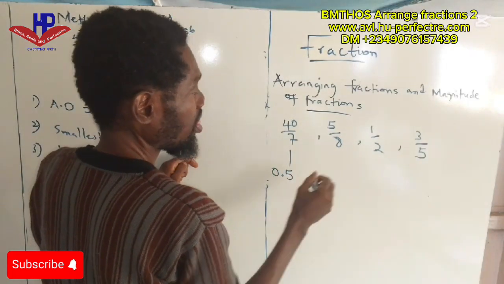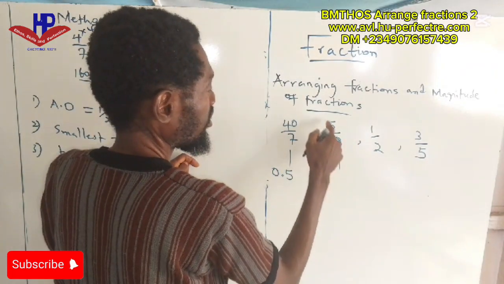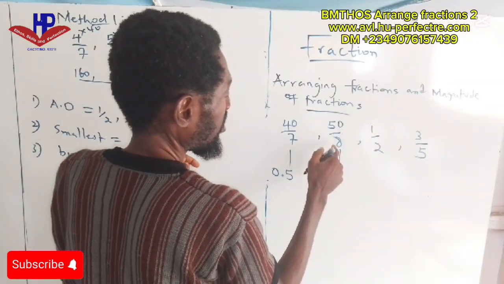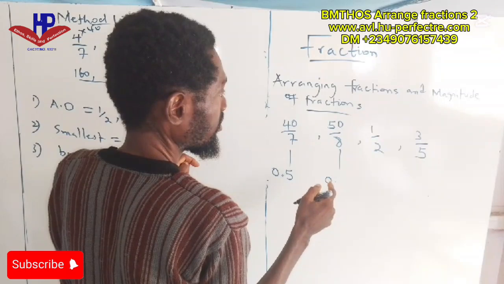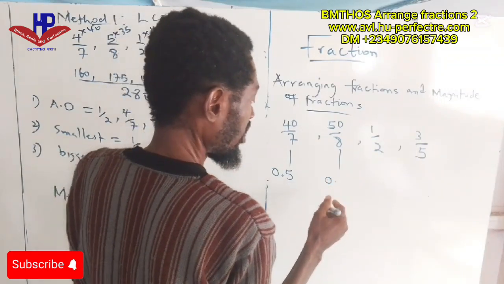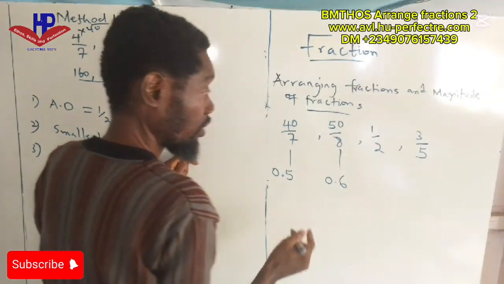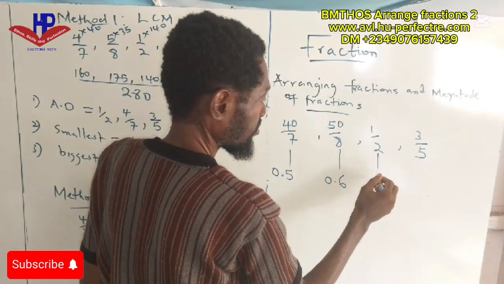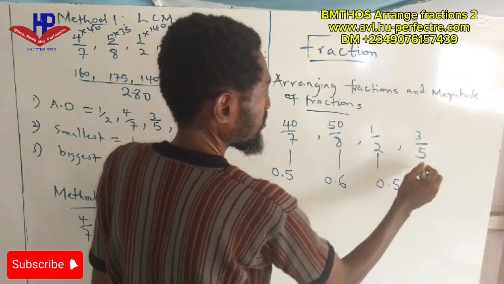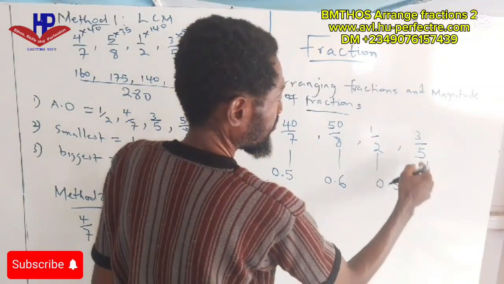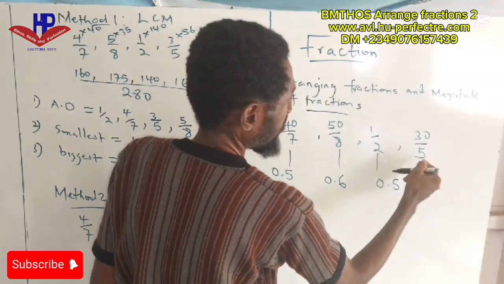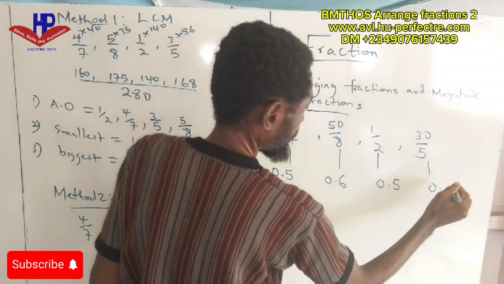So let me stop there. 8 cannot go into 5. I put 0 here, put a point, add this. 8 into 50, that will be 6, which is 48. This is 0.5. 5 into 3 is not possible, we put a 0. Add 0, that will be 30. That becomes 6.